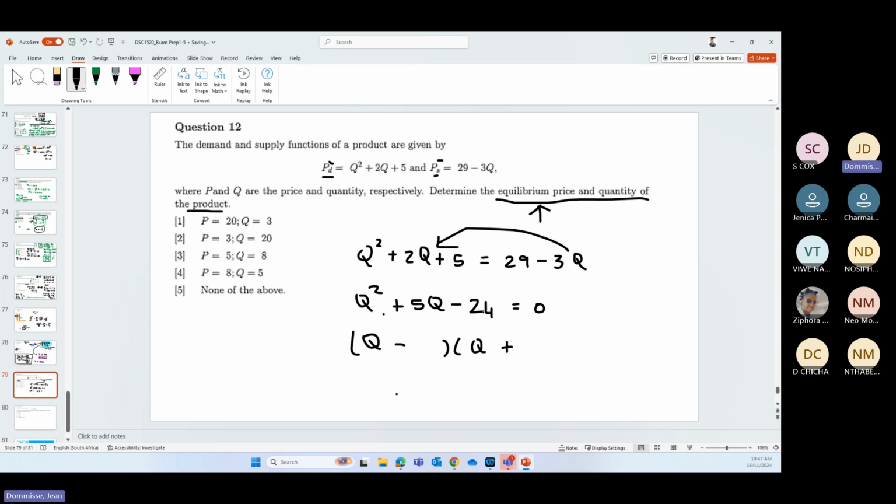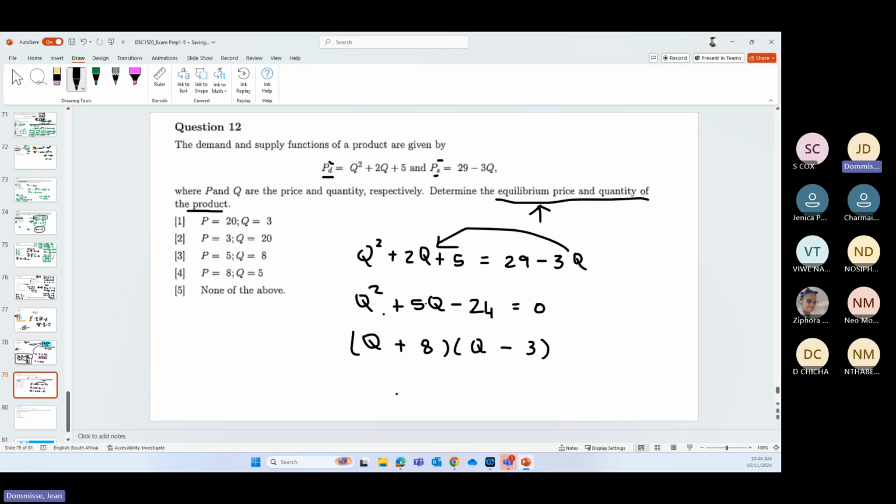I need to get to 5. So if I look at factors, to get to 24 is an 8 and a 3. I just want to make sure 8 times 3 is 24. That times that gives me minus 24. Okay, so that needs to be plus, that needs to be minus. So that's plus 8, minus 3 is plus 5.